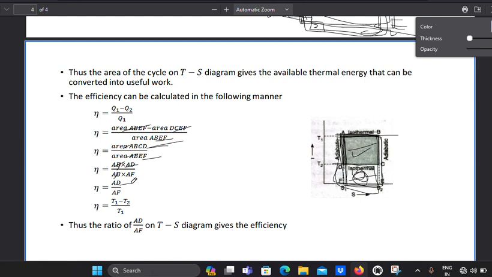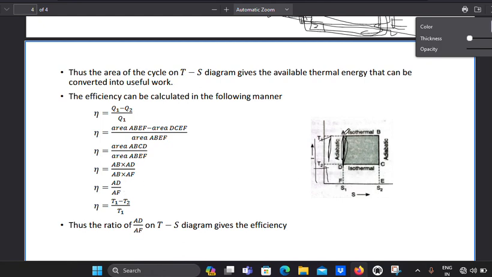Why? AD is what? See here, AD, where to where, from here to here, it is AD. How can we get this value AD? So here to here is T1 and this is T2. So if you want this one only, then T1 minus T2 gives this one only. So T1 minus T2 by AF.